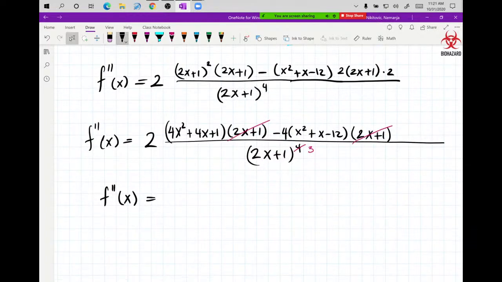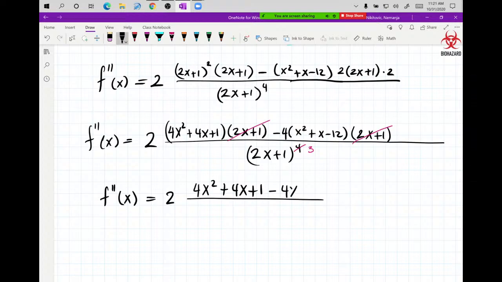All right, so what do we have? We have 4x squared plus 4x plus 1 minus 4x squared minus 4x plus 48. Ooh, shiny. They're all canceled, guys.